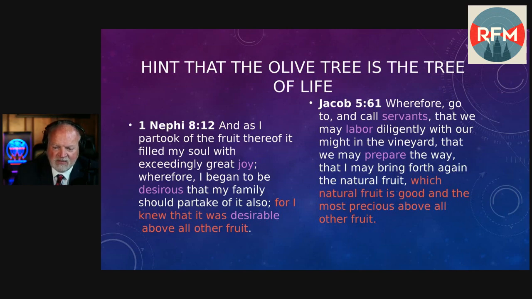The fruit is most precious above all other fruit. So there's a suggestion here and a hint that Lehi's tree of life in his dream is the same tree as Jacob's allegory of the olive tree, which would lend itself to the interpretation that the tree of life as seen by Lehi is in fact an olive tree, or was supposed to be an olive tree.